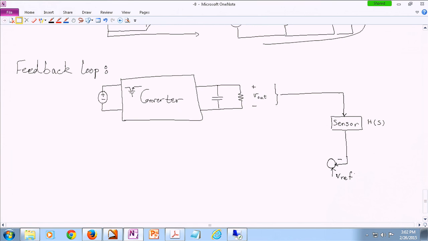And then your reference is hovering around 2 volts basically. So you're comparing it with your reference to obtain the error. Obviously, if your output voltage is exactly where it is supposed to be, this error is 0, you don't have to worry about anything, you don't have to make any changes. But usually that's not the case. So this is called the error signal.